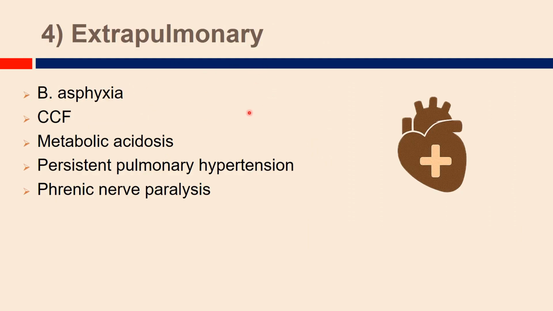Besides pulmonary, there are certain extrapulmonary causes also which lead to respiratory distress. It can be perinatal asphyxia or birth asphyxia, congestive cardiac failure, metabolic acidosis, persistent pulmonary hypertension and phrenic nerve paralysis. So all these can lead to respiratory distress.